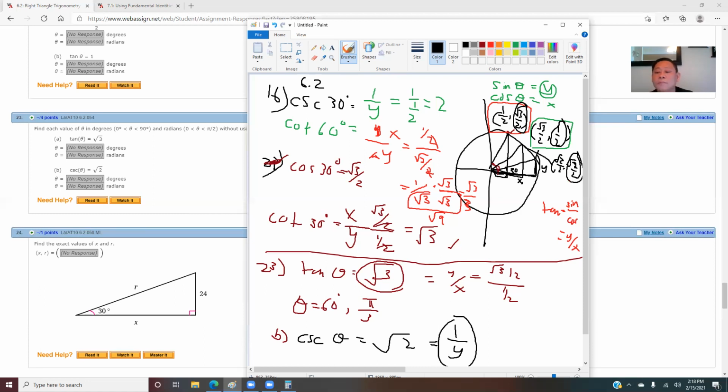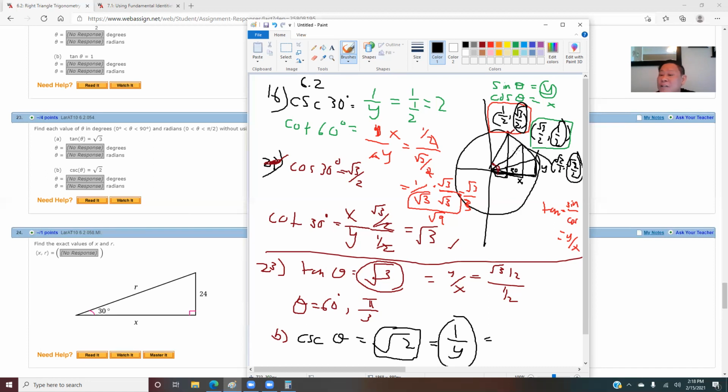If you flip the middle one, you get 2. No. I want square root of 2. It's the first one, right?